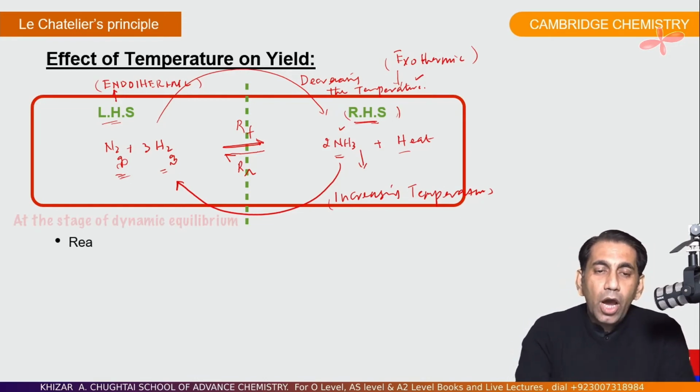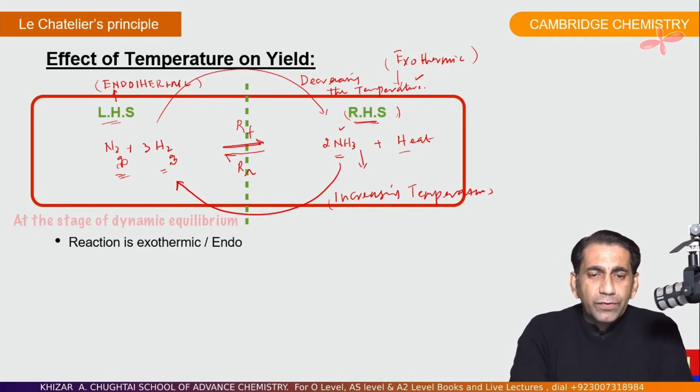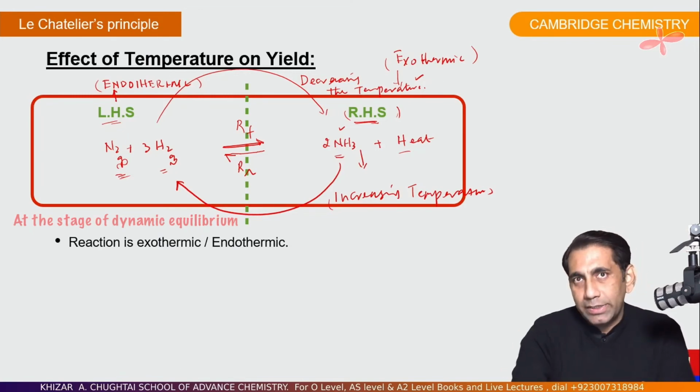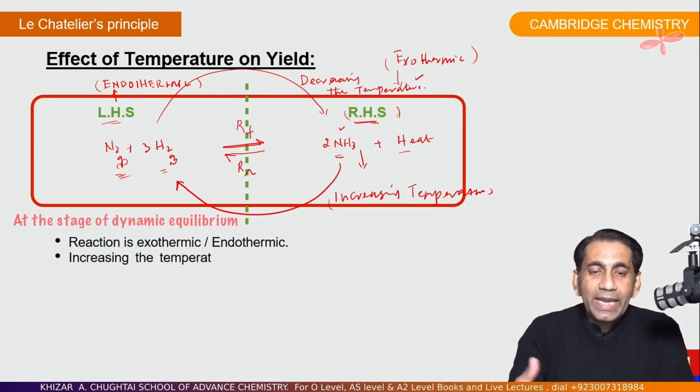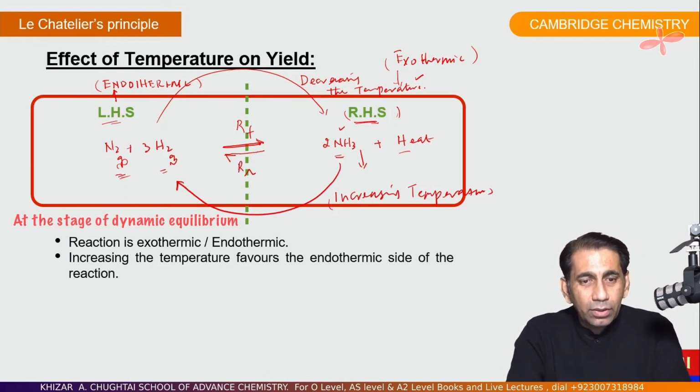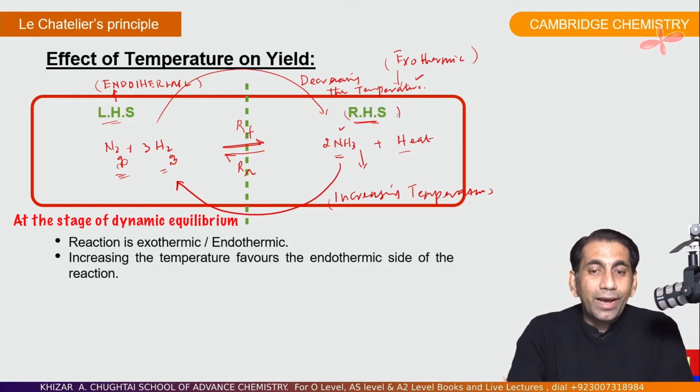Then once again, how to report your answer. First of all, check whether the reaction is exo or endo. So you will write the reaction is exothermic or it's endothermic. Then, increasing the temperature favors the endothermic side of the reaction, I mean the right hand side or the left hand side. And reciprocally, decreasing the temperature will favor the exothermic side of the chemical reaction.